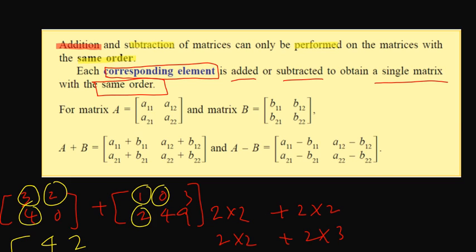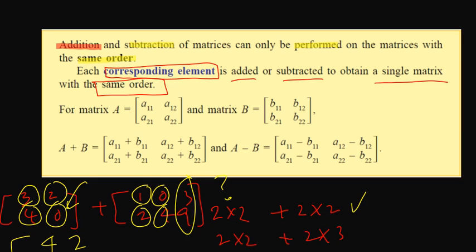You can add this one, 0 plus 4. But then what happened to here? You cannot do it. Nothing to add in here. So please remember, you cannot add or subtract if the order is not the same. It must be the same order.